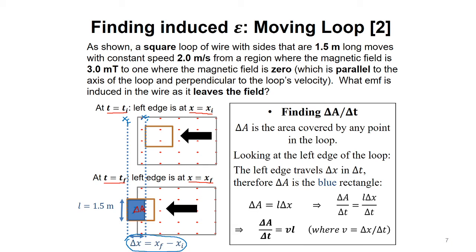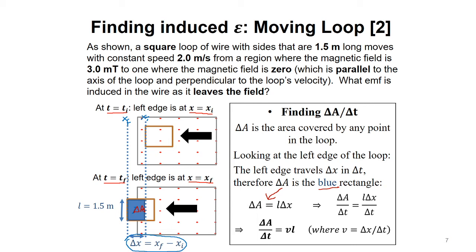Now let's look at the box here. We are trying to find delta A over delta t, and delta A, like I said, is the shaded region in blue. Our edge of the square travels from x initial to x final, the distance of delta x, and we are looking for the area of the blue rectangle. That's our delta A.